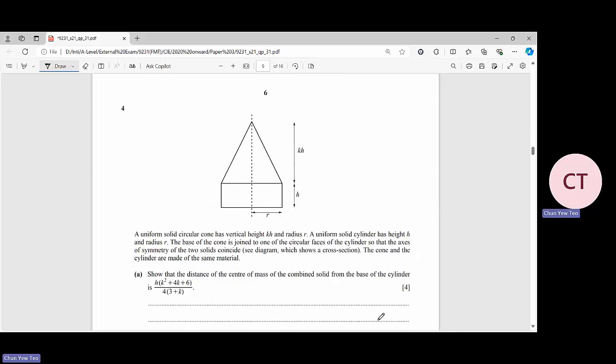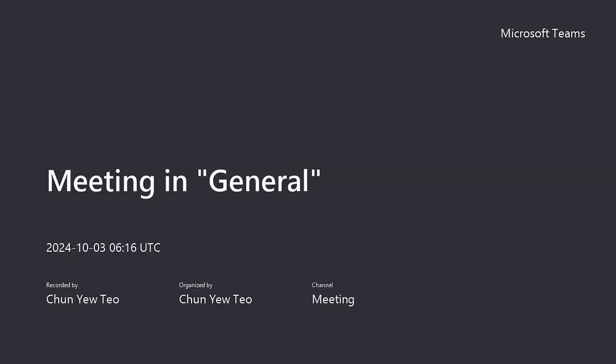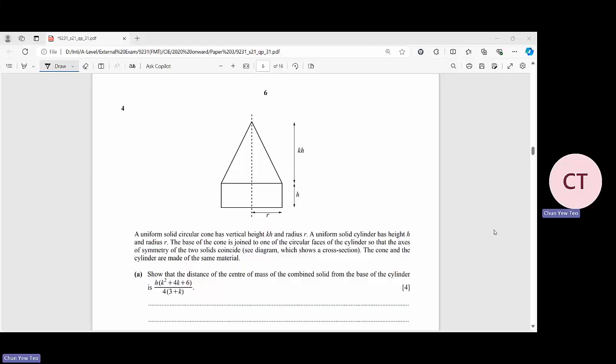We have question number 4. Now we take a look at question number 4. We have a diagram here. A uniform solid circular cone has a vertical height of kh and the radius r. A uniform solid cylinder has a height h and the radius r.